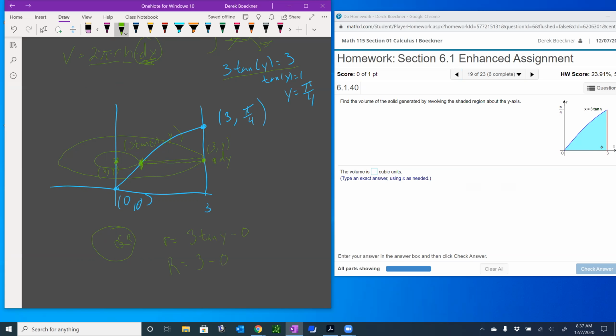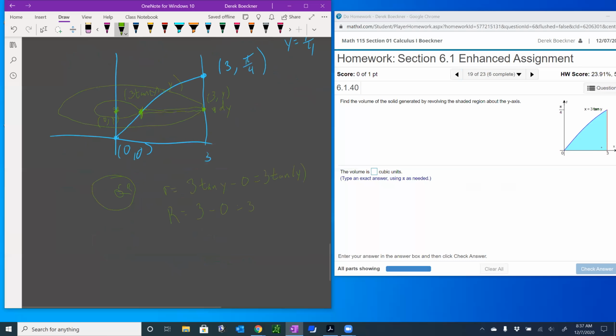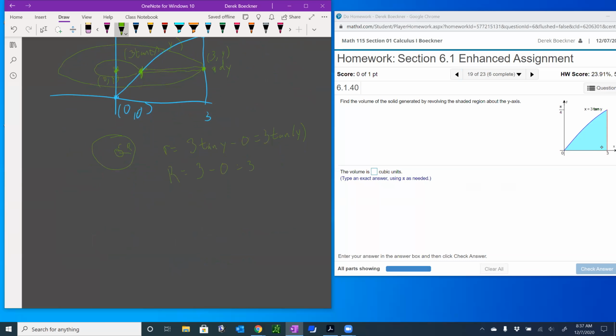It's going to be 3 minus 0, which is just 3. And so the volume of one of these little washers is going to be pi R squared minus r squared dy.